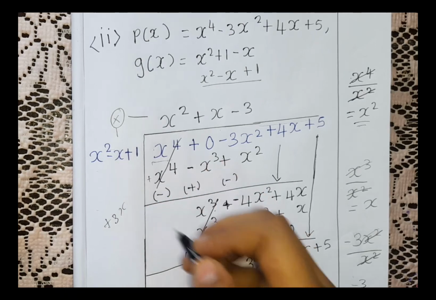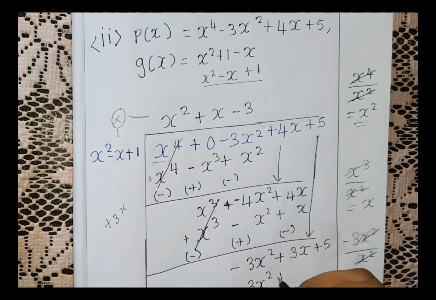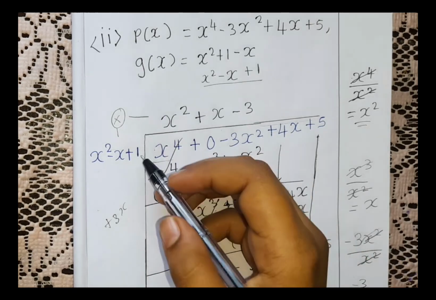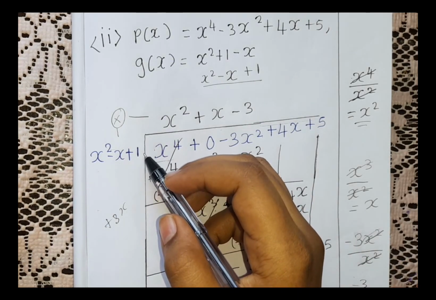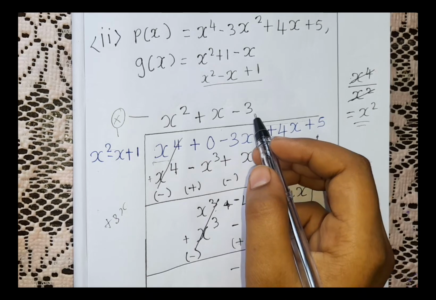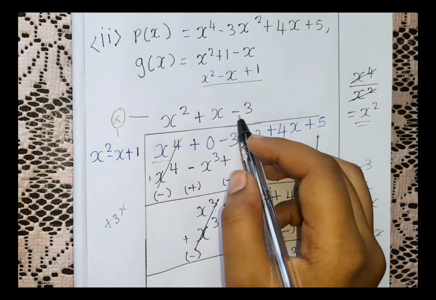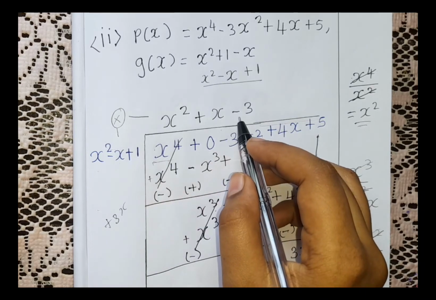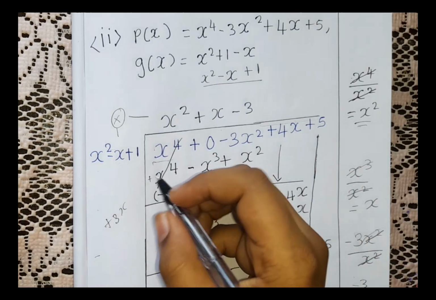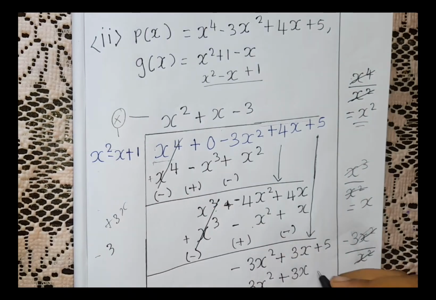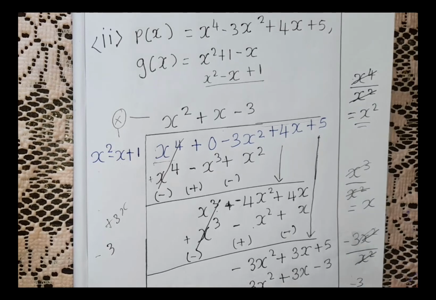So it is plus 3x, so let me write plus 3x, and then we have the next term as 1. So 1 into 3. First of all, let's do the sign. The sign is plus and minus. So plus into minus is minus. So minus, and then 1 into 3 is 3, and it is minus 3. So I am going to be writing it down straight to that constant term. The constant term here is plus 5.